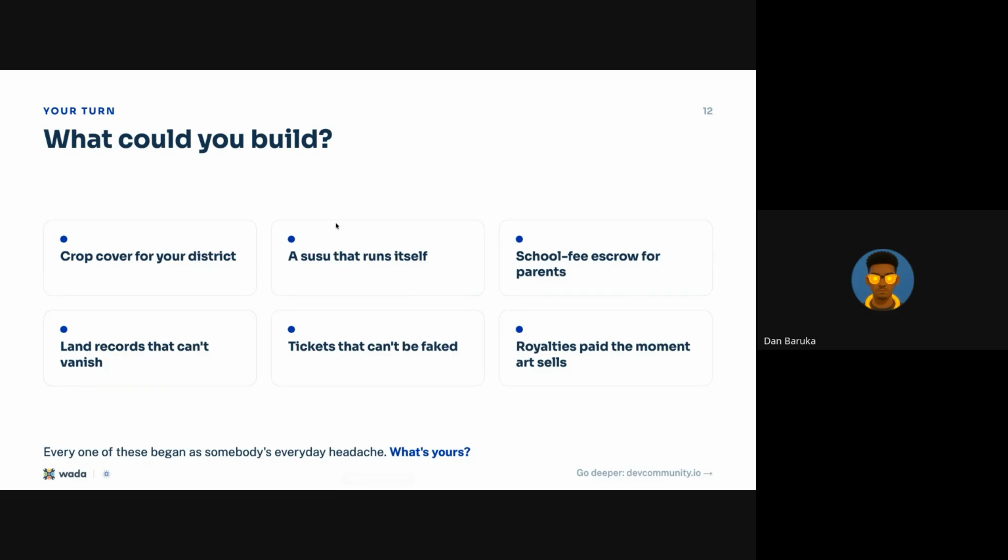We also have land records that can't vanish, tickets that can't be faked, royalties paid the moment art sells. So those are samples. You can build a smart contract for any type of project.